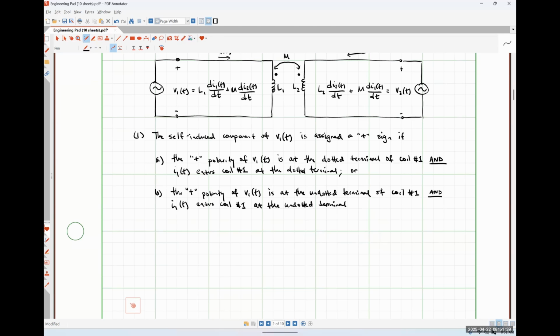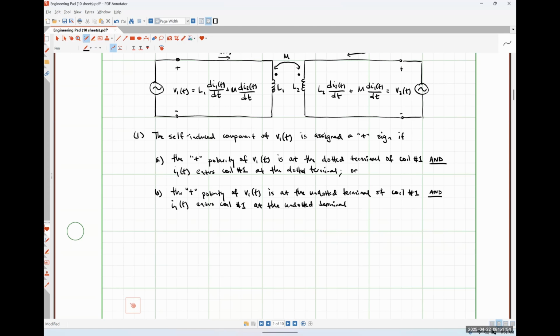So I want to be clear here. I'm defining everything. So we're saying the self-induced component of V1 is assigned a plus sign. The exact same rules apply for the self-induced component of V2.